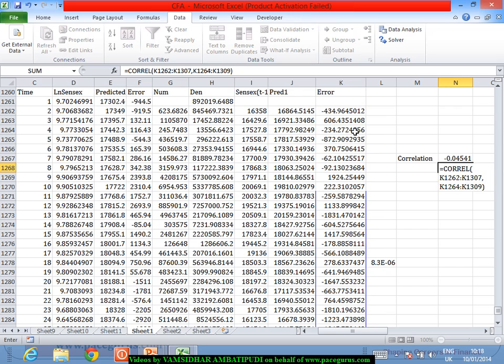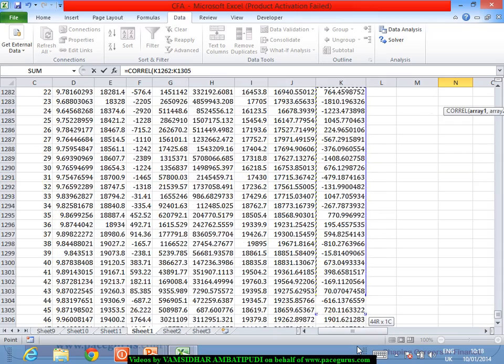So when I try out two periods also, this number may not be that significant. I really want to check again with a 3 period lag, 4 period lag. Let me try it with a 12 period lag to see if there is some kind of correlation, so that I can explain it much better.